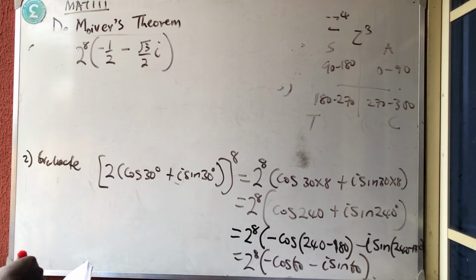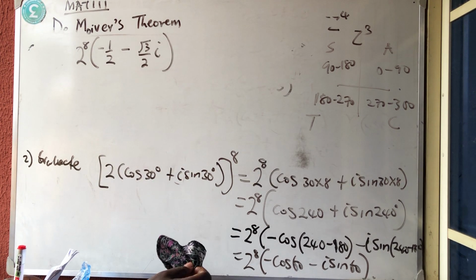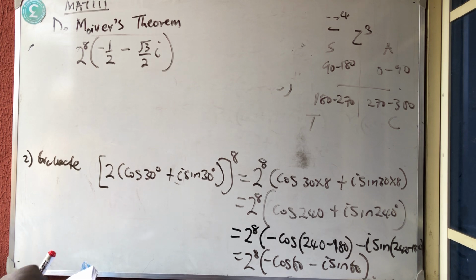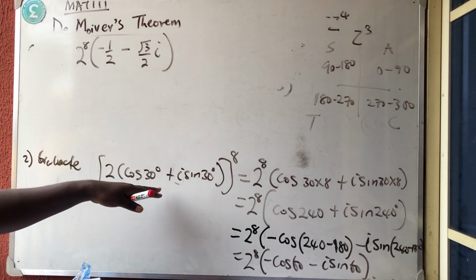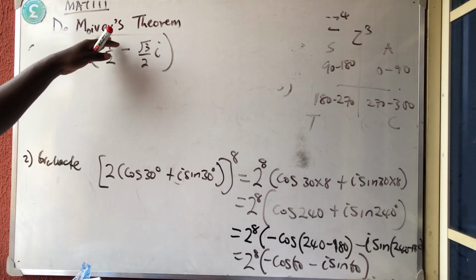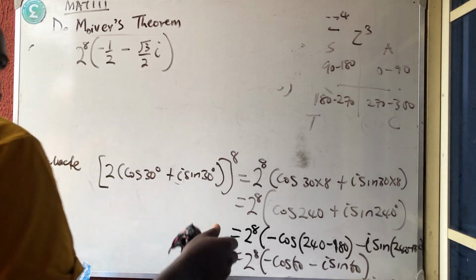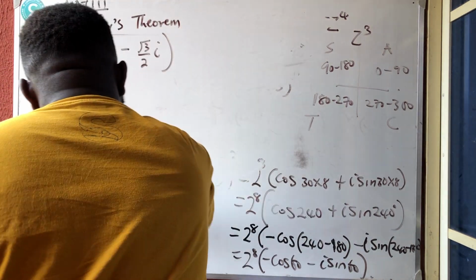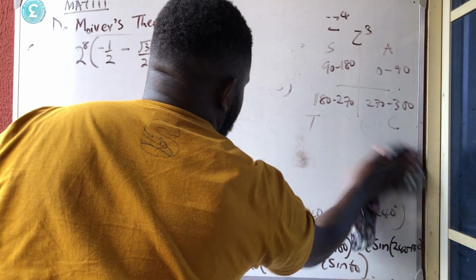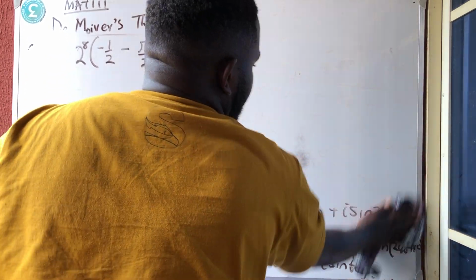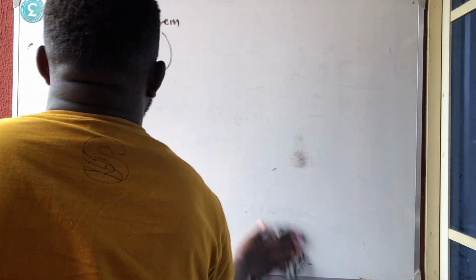So that is that. In fact, this is another way of changing from polar form to Cartesian form. So we're still going to get something like that. That is the second question we are going to solve.